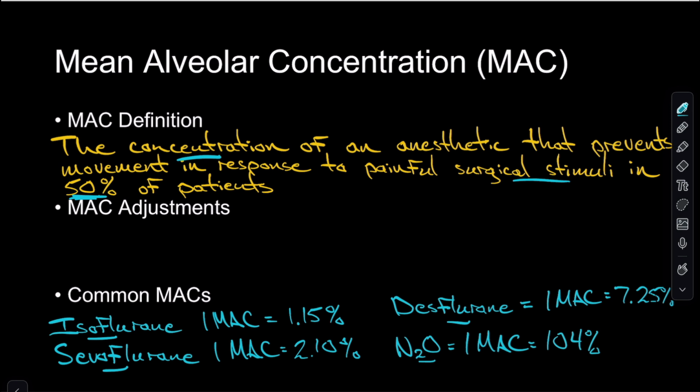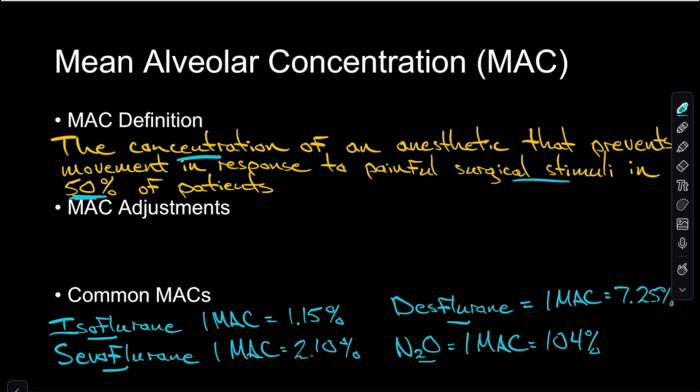If you are at a 1 MAC value, which prevents movement in 50% of patients, and you also have fentanyl being used, or propofol or some other agents, then around that 1 MAC value you can anticipate that the patient would be deep enough in anesthesia to have no recall and limited movement enough to perform the surgical procedure.